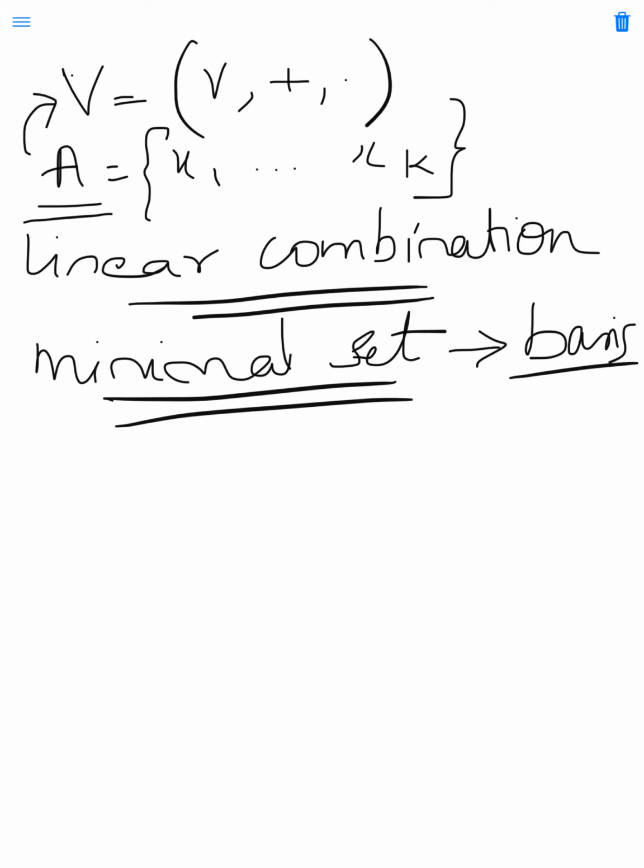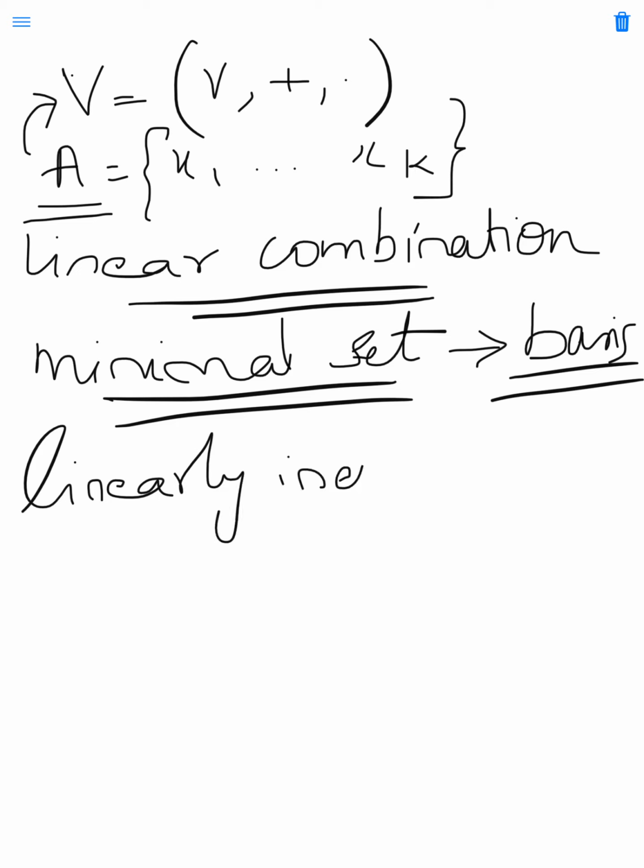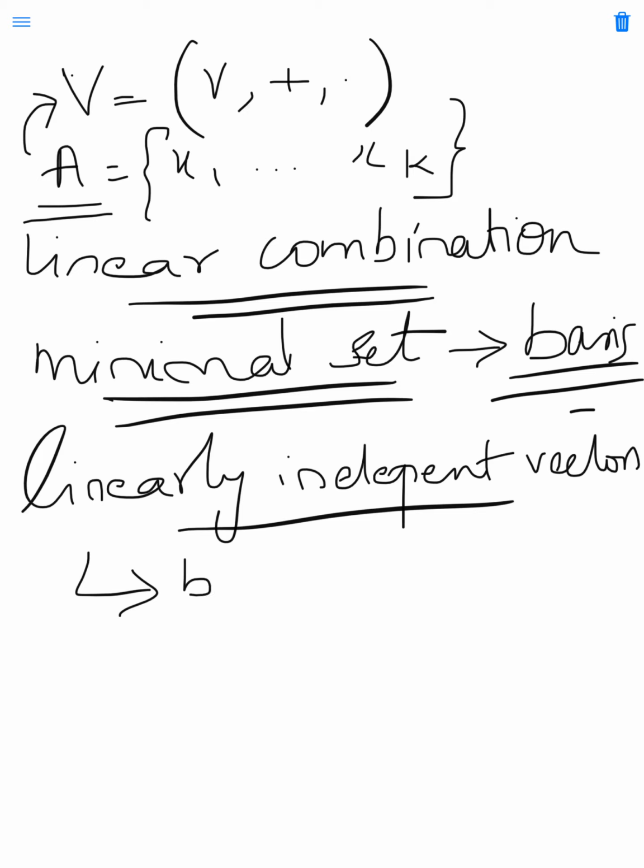So a basis can be taken as some linearly independent vectors which will be acting as the building blocks, so that other vectors can be built on these vectors. That is identified as the basis.